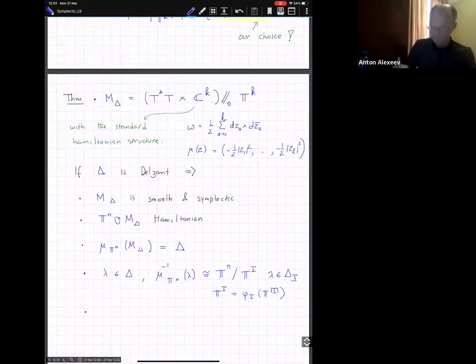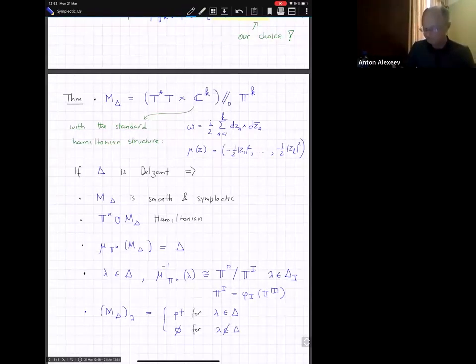And finally, the reduced space M_delta at lambda, under the Tn action, is equal to a point if lambda is in delta and empty if lambda is outside delta.